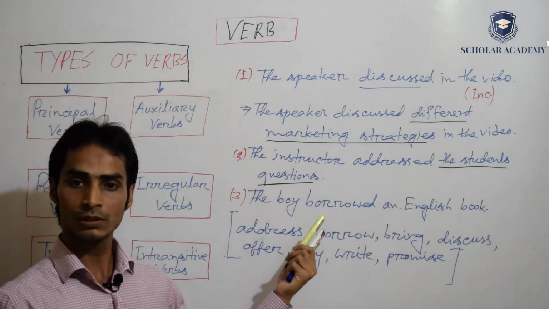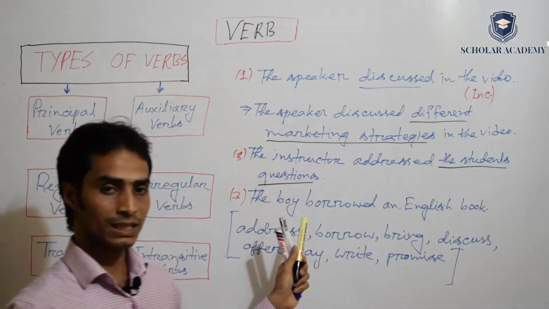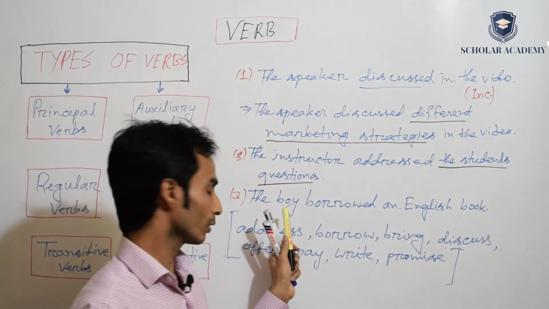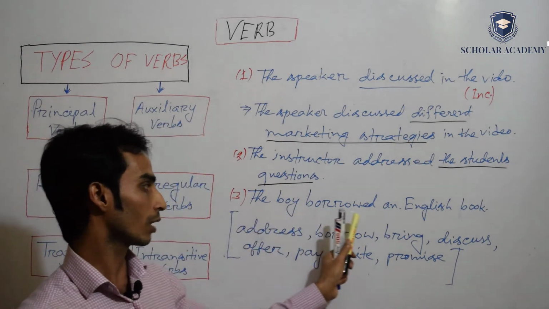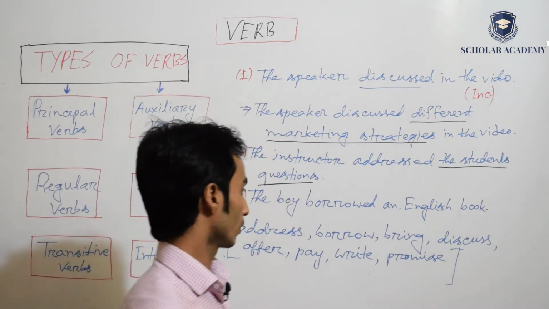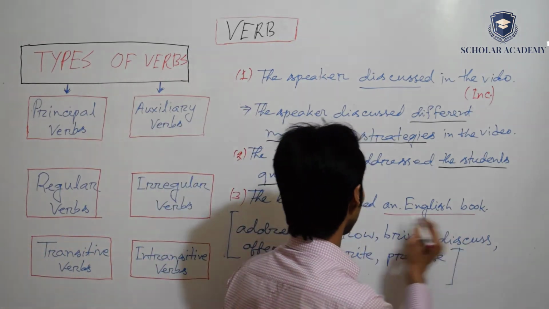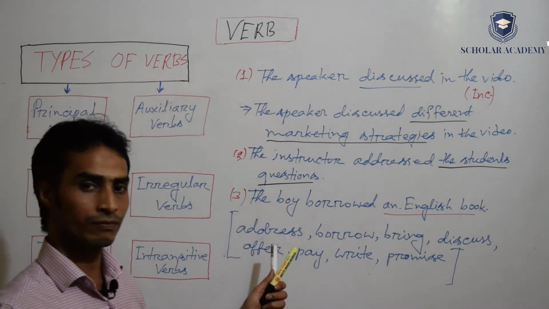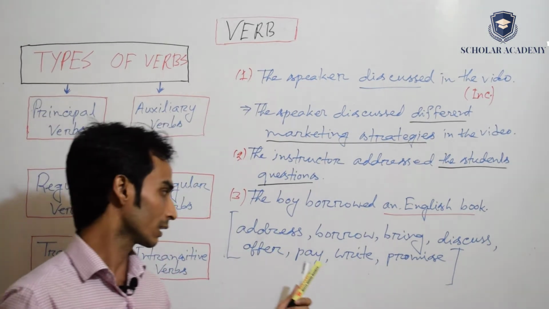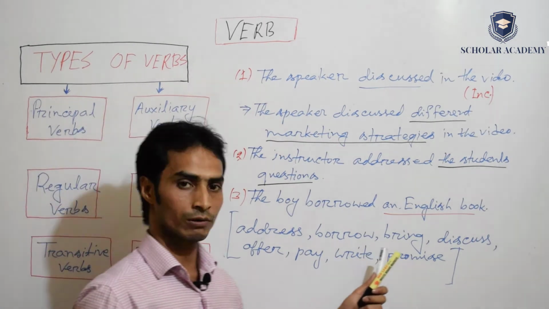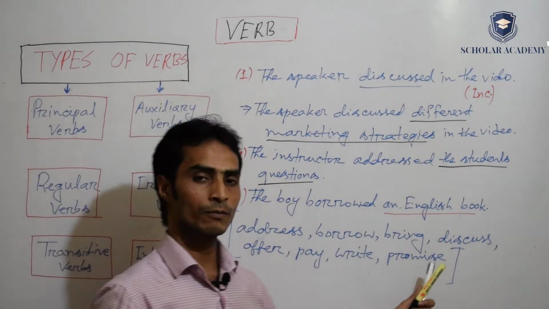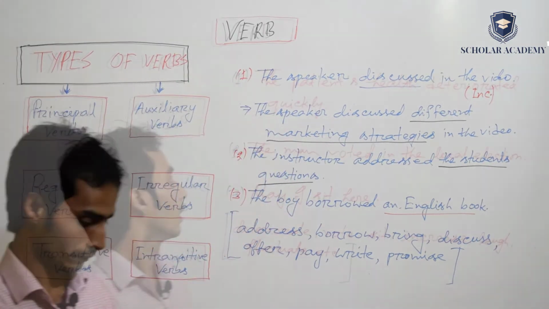Or the boy borrowed who? If we ask the question in this way, we can get the answer that the boy borrowed an English book. So, an English book is an object of the verb borrowed. Some other examples of transitive verbs are address, borrow, bring, discuss, offer, pay, write, promise, etc.